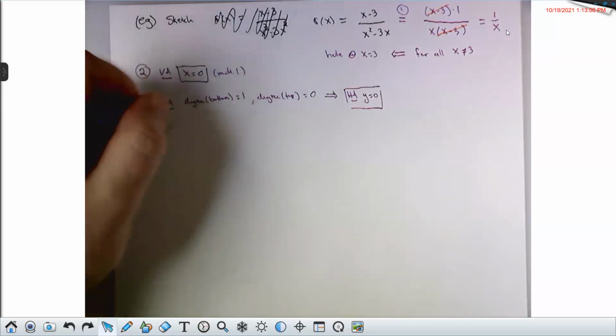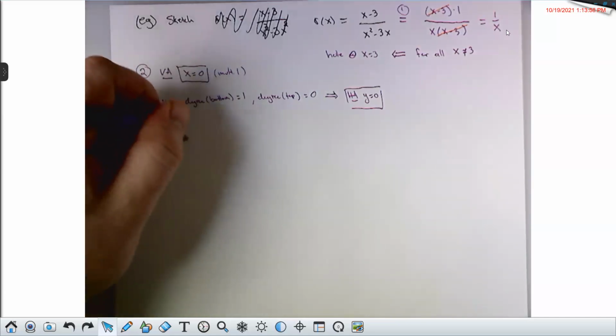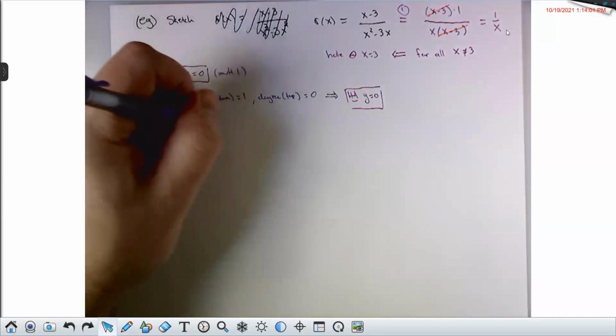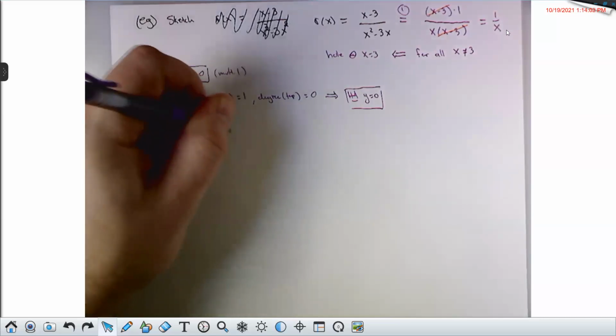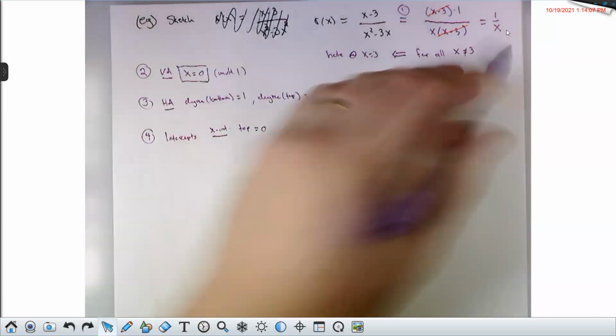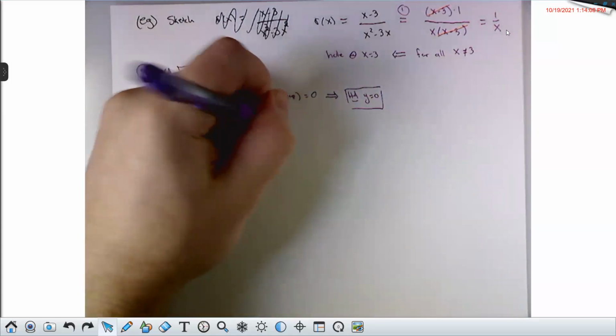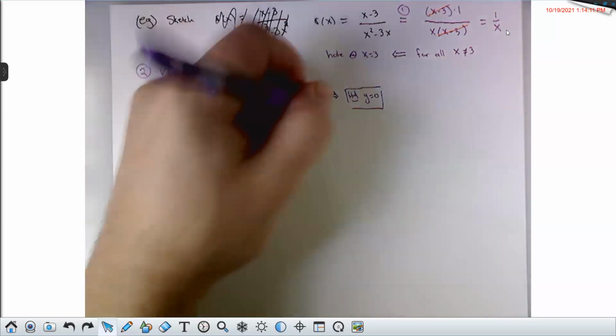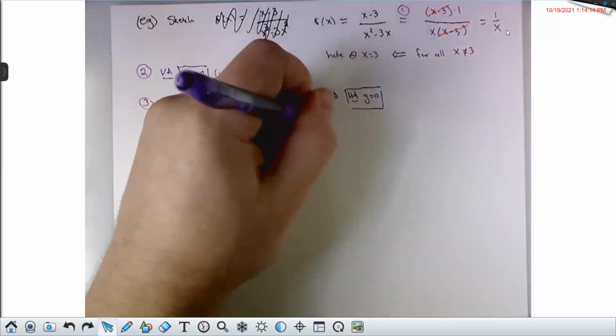Intercepts, there are none. The x-intercept we'd normally find by setting the top equal to 0. And again, remember, we're working with the simplified version. So that would mean 1 is equal to 0. But this is never true.